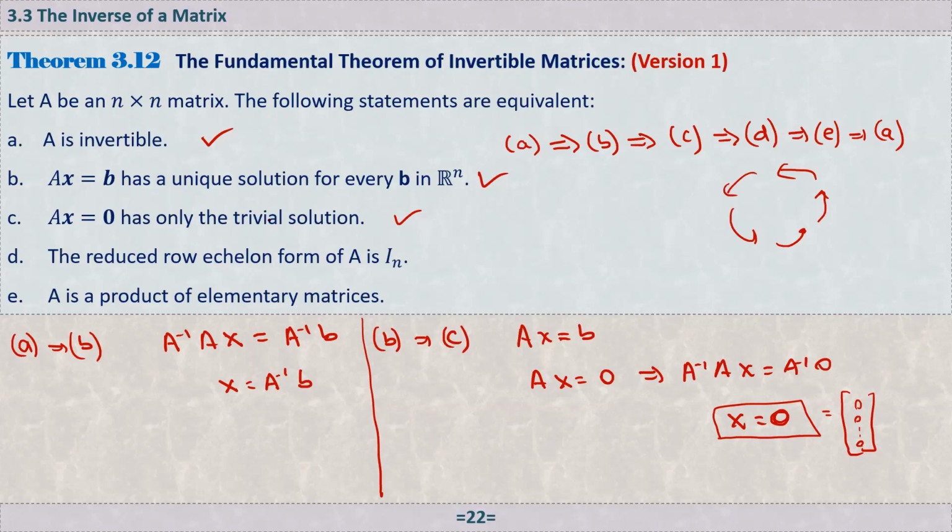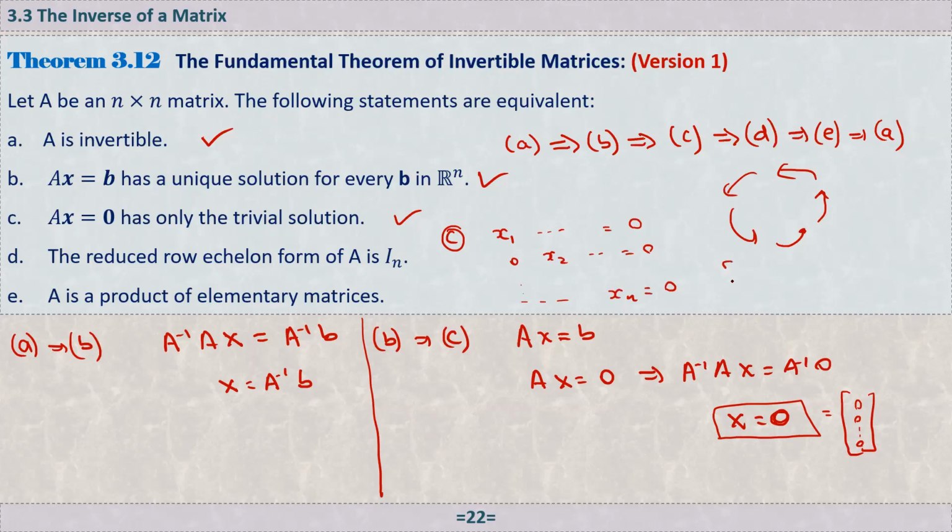What does it mean? Trivial solution means, let's see, I can show it here. Here we have x1, dot, dot, dot, because all are 0. And here we have 0, here we have x2, dot, dot, here we have 0, dot, dot, and here we have xn, that's equal to 0. Now, how can I write this one?